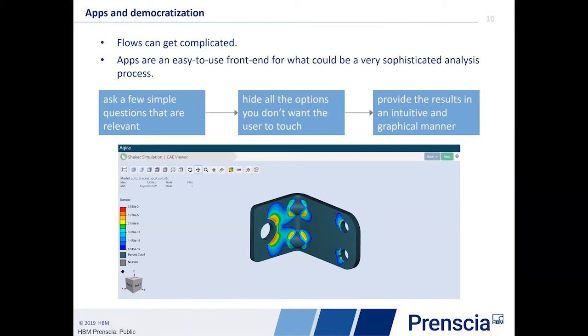So it's masking the complexity, or the potential complexity, of a workflow, right? So Akira 2019 has been out for about 2 weeks, so it's very recently out.